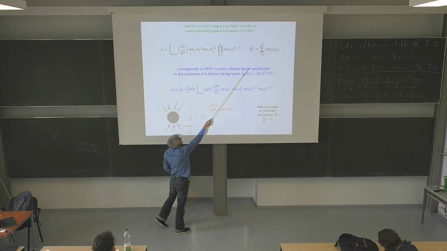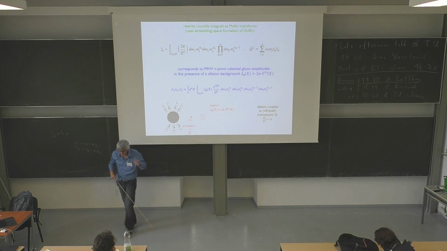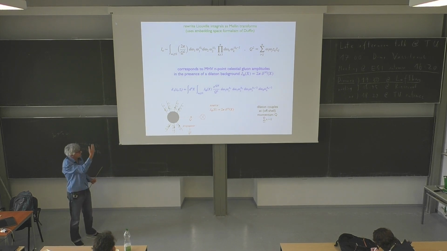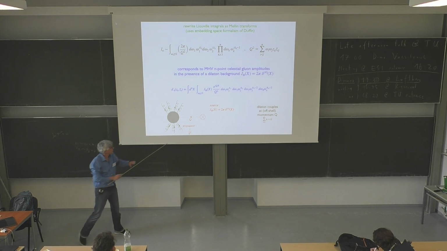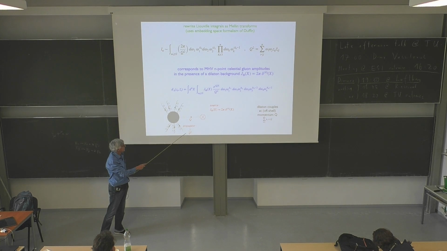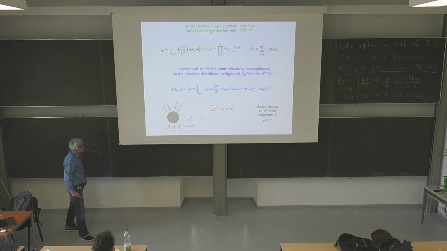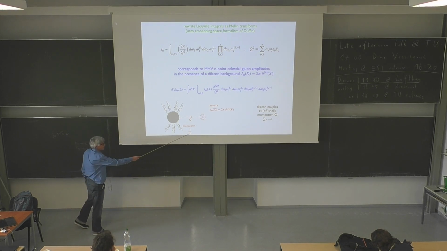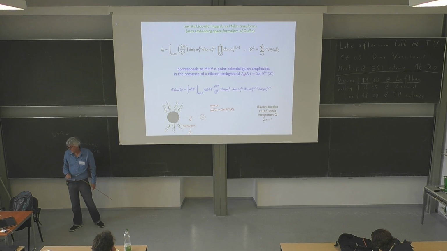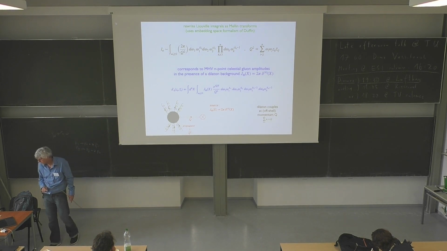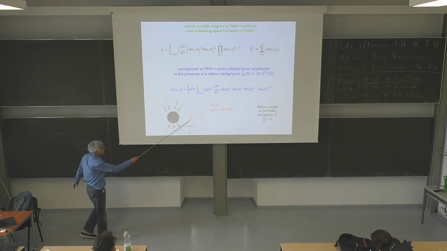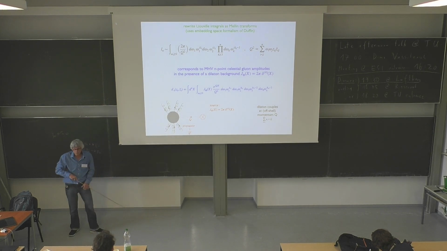This is just (p_1 plus p_2 plus ... p_n) squared, in that case in four dimensions. It's just a propagator of these n particles to this background, so it's 1 over (p_1 plus ... plus p_n) squared. This is how the dilaton couples to these amplitudes.